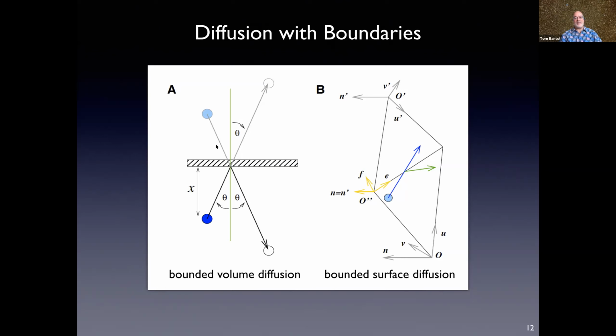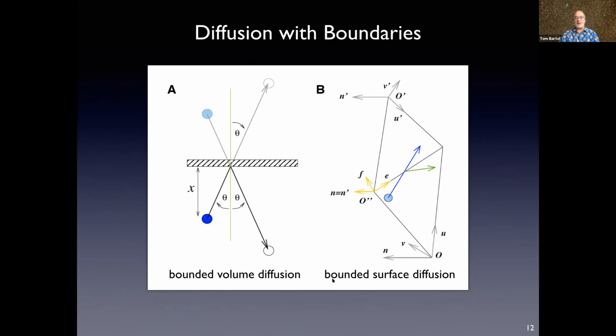All we've done is take whatever density of particles might have existed up here, if the surface weren't there, and reflect it down and project it down on top of itself. And it can be shown that that does not distort the shape of our probability distribution function.